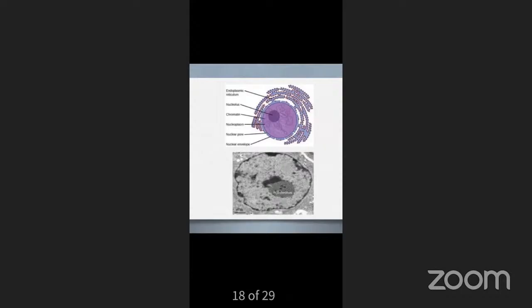So, types of the RNAs. RNA is another important nucleic acid based on the DNA. It is commonly located in the nucleus and cytoplasm. It is also found in the mitochondria and chloroplast.